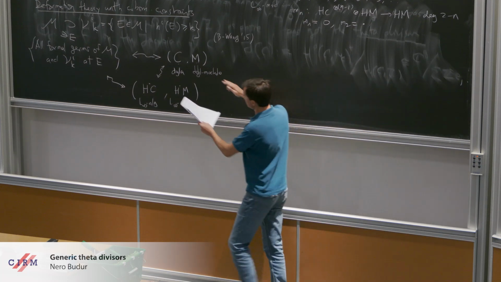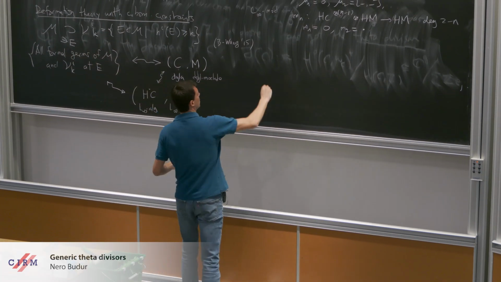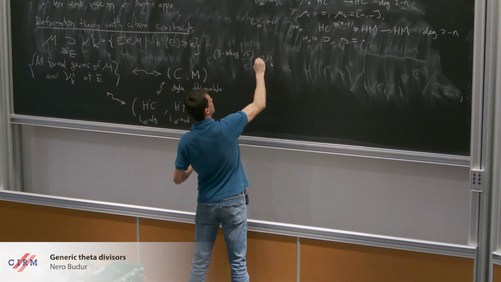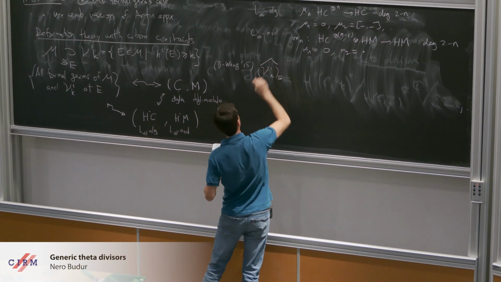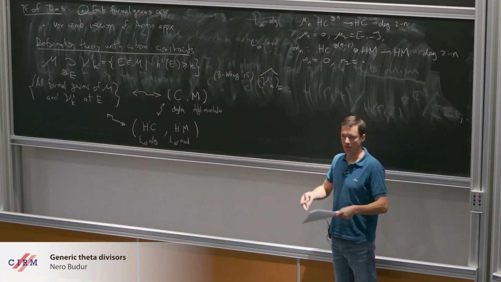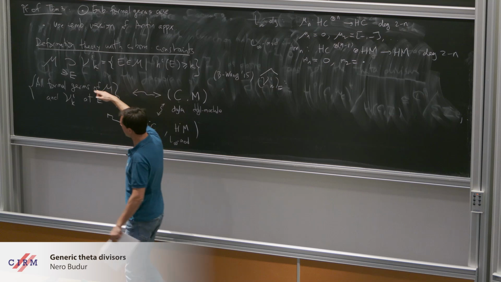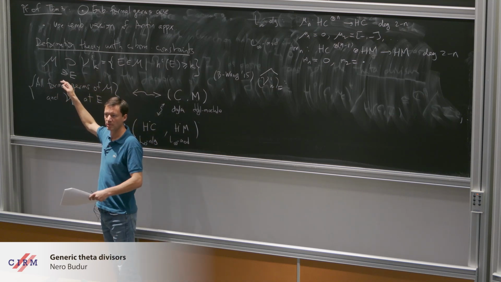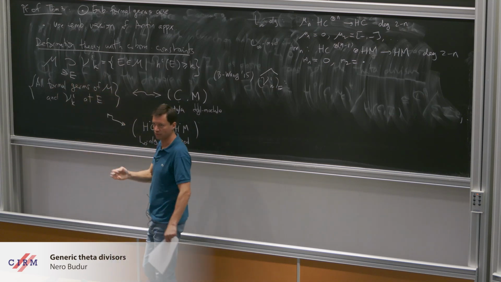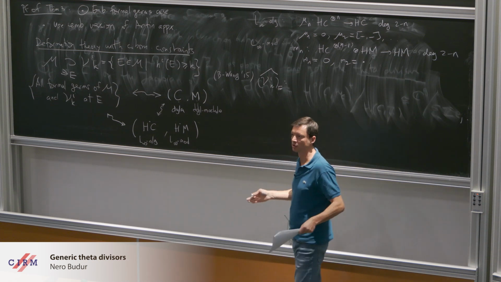So what does it mean that this answers the problem? You want to understand the formal germ at E of these cohomology jump loci. And you can view this as a functor. When you have moduli spaces, you don't need to work with them as functors, but the problem for deformation is well defined even if you don't have moduli spaces. Deformations don't need a functor.